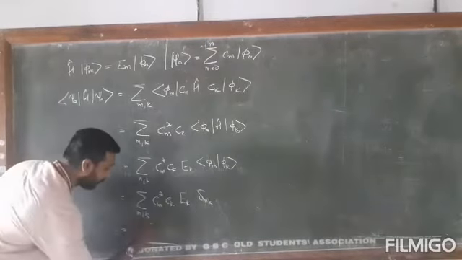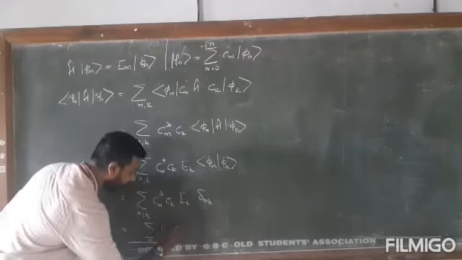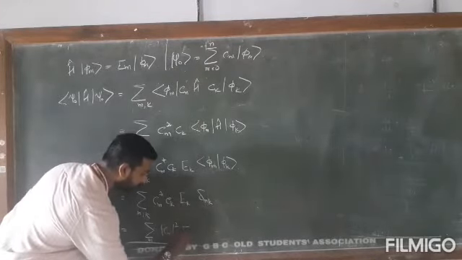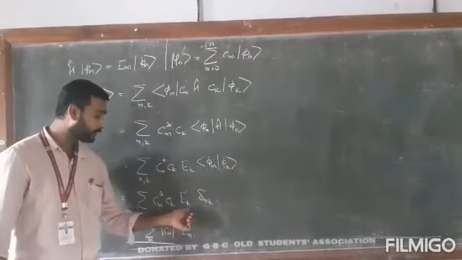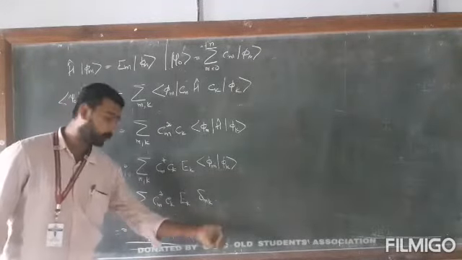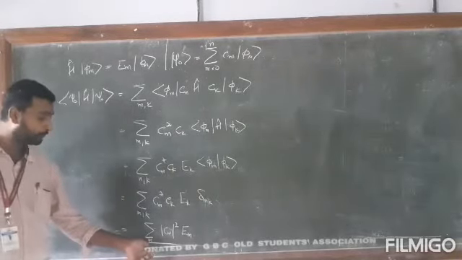It would be sum over m of mod Cm square Em. So if you sum it over k, then you have to replace all k with m and remove this Kronecker delta function, and the sum over k is done over here, so the only remaining sum is over m.